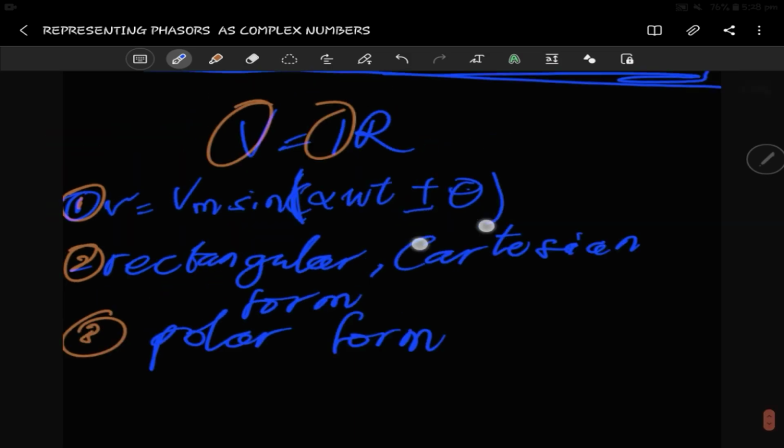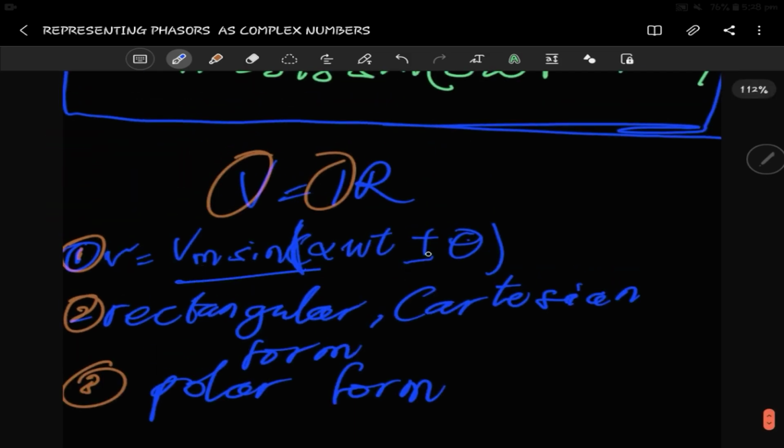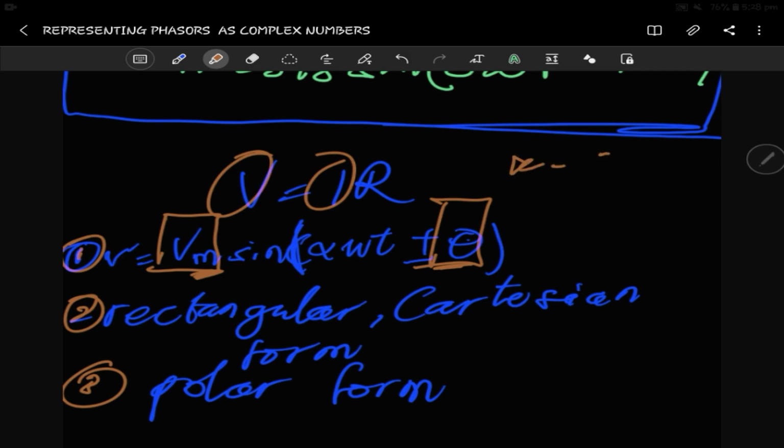But before we go, let's look at the very first one, this one right here. You could clearly see that if you are trying to define a phasor, or a sinusoidal quantity, the parts that are very important when describing it, you basically end up using at least two, right? So in this particular form, we need Vm, and then we need a phase angle, right. And we know that if you have the peak and the phase angle, you can find some x components, which we've done, or you can find some y components, right.